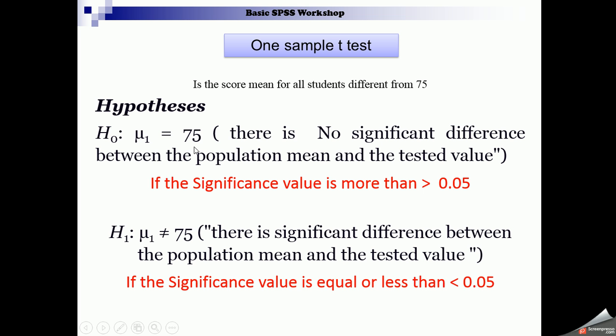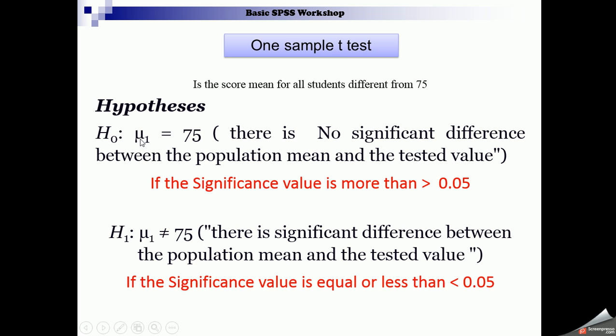If we go to the hypotheses again, our results show that we have to take this hypothesis, that mu is equal to 75. There is no significant difference between the population mean and the tested value. There may be a difference, but it's not significant.